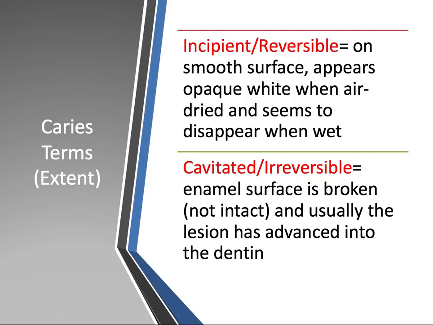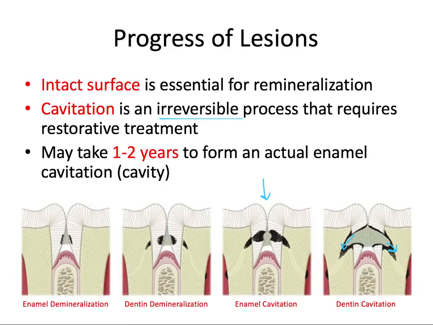It appears opaque white when it's air dried, but it seems to go away when it's wet. We'll talk about that a little bit more in the next video when we talk about the clinical exam, how we look for caries and detect them. But that is an important thing to know for the incipient caries lesion. So if we're talking about incipient, we're kind of in the enamel demin, maybe dentin demin.